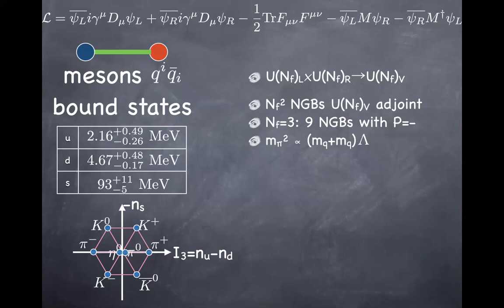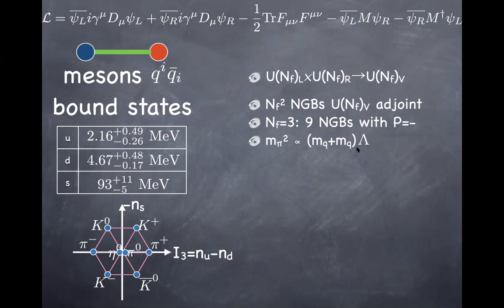And the word pseudo is now used for two different purposes. For the word pseudoscalar, the pseudo is meant to indicate parity odd state. When you say pseudo number Goldstone bosons, the word pseudo means it's not quite exact: they are massless particles in the limit where quark masses go to absolutely zero, but their mass is not exactly zero anymore because they are pseudo number Goldstone bosons of the pseudo chiral symmetry.